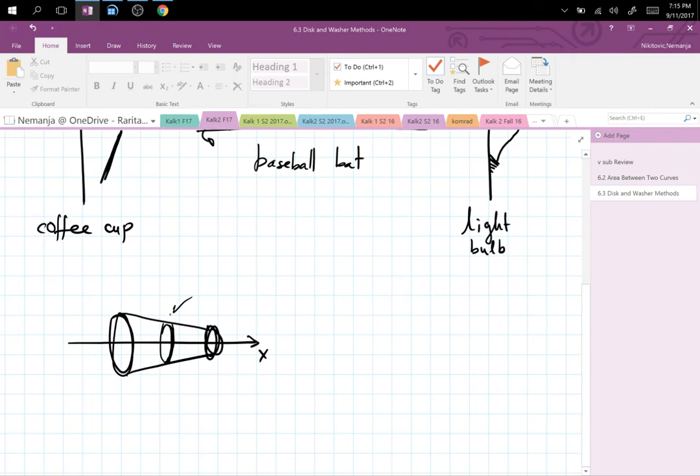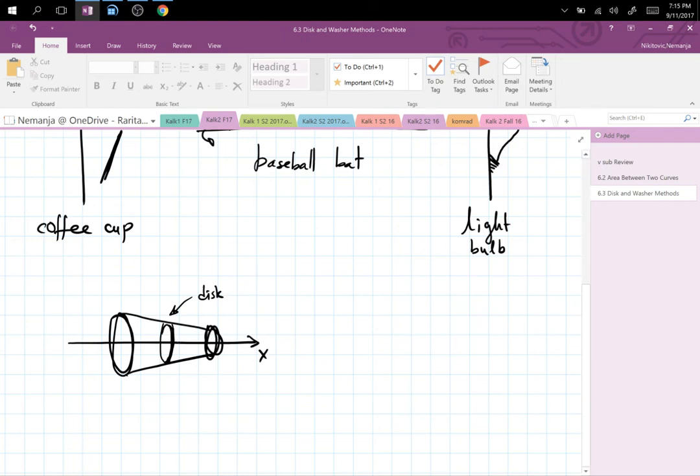So this is a disk over here that I'm cutting out. That disk clearly has a circle as its base, and the height of that disk is delta x.